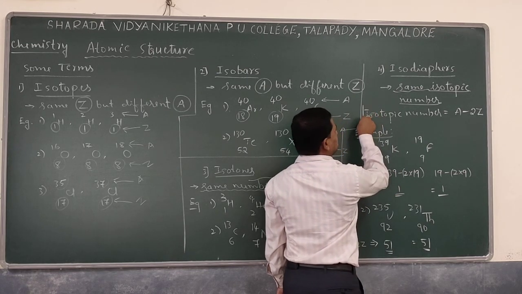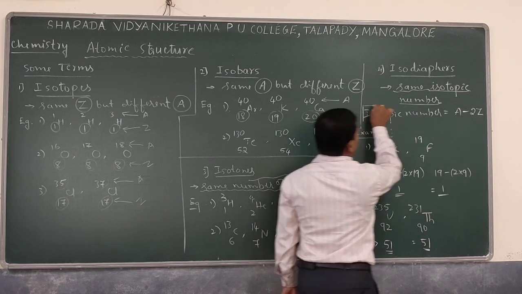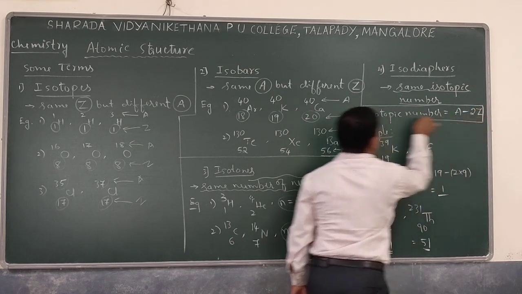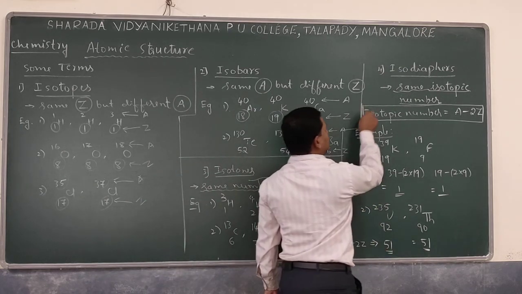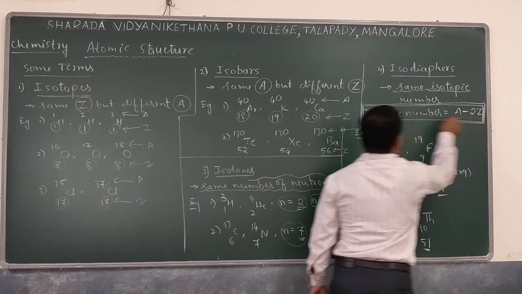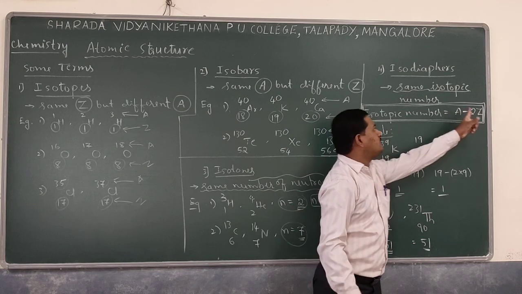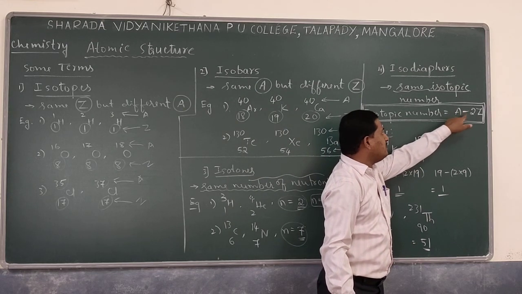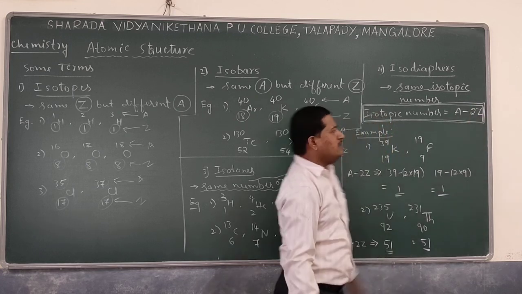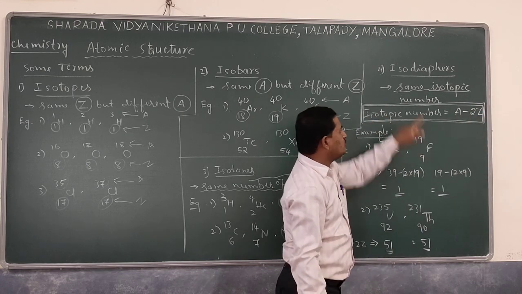What is the isotopic number? The isotopic number is exactly equal to A minus 2Z. You have to remember this relation. A minus 2Z stands for isotopic number: mass number minus 2 times atomic number. The difference tells about the isotopic number.